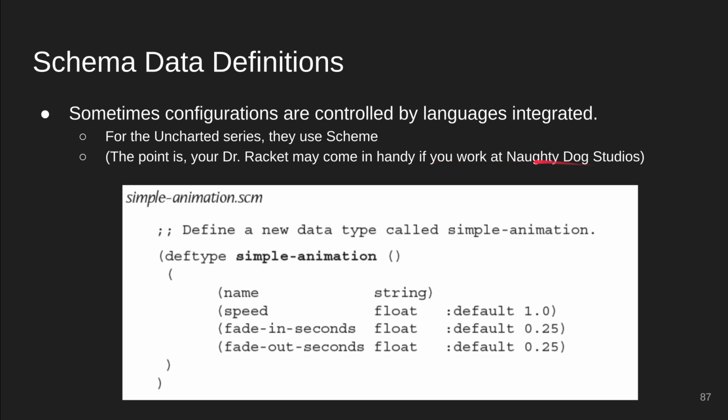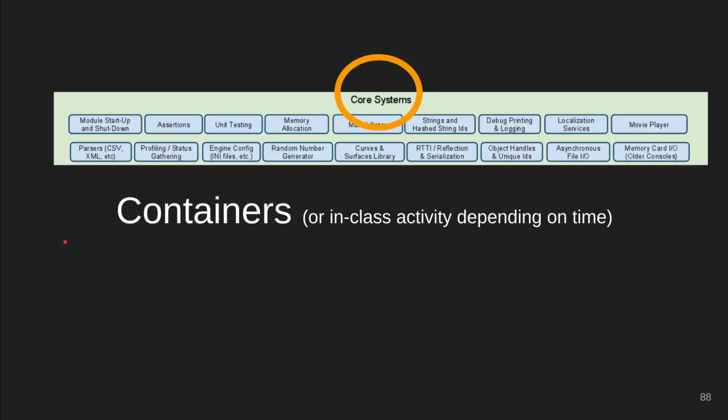Naughty Dog Studios, where our author is from, and which has done most of the big PlayStation titles, things like The Last of Us and so on, they use Scheme for some of their configuration files. Okay, so you can actually see it in practice and maybe actually get to use it out in the gaming industry someday. So just a quick note on that.